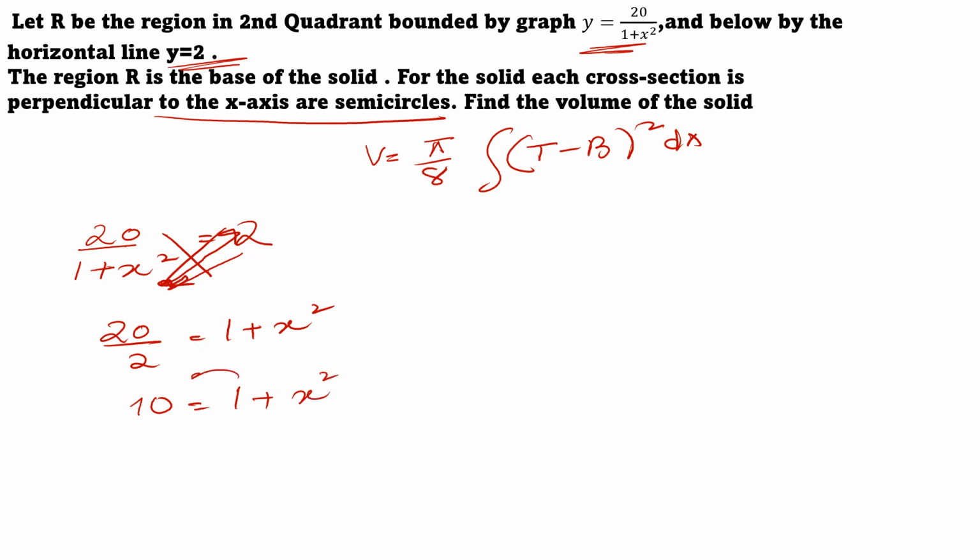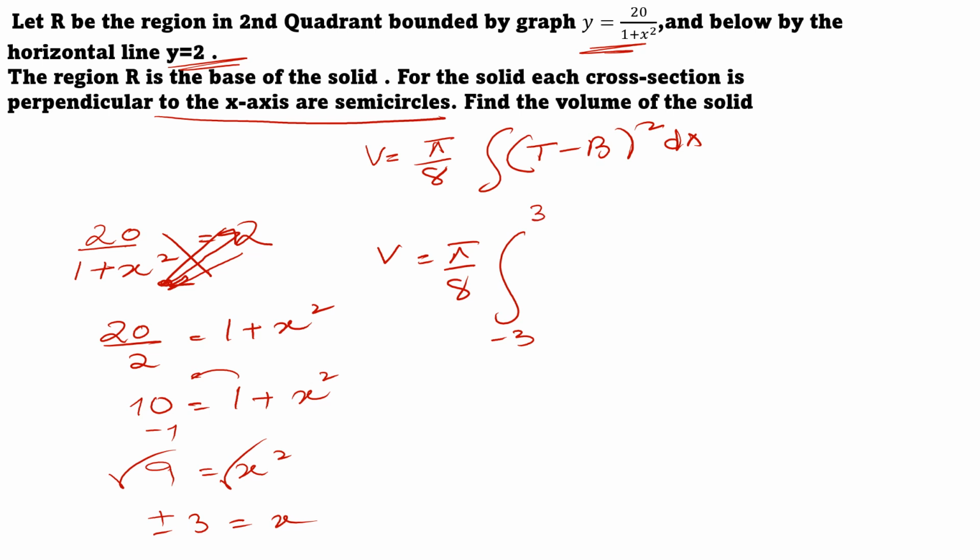Bring the 1 to the other side, so 10 minus 1 is 9 equals x square. Take the square root on both sides and our answers will be plus minus 3. So for the volume, it will be pi over 8 from negative 3 till positive 3.